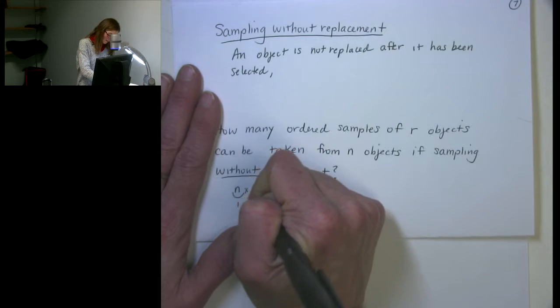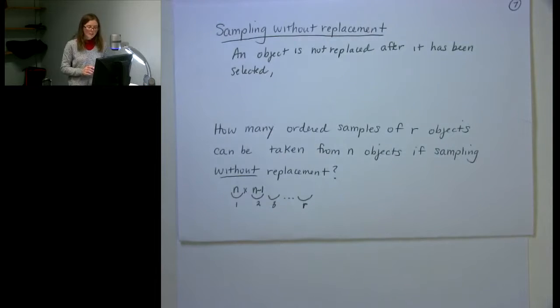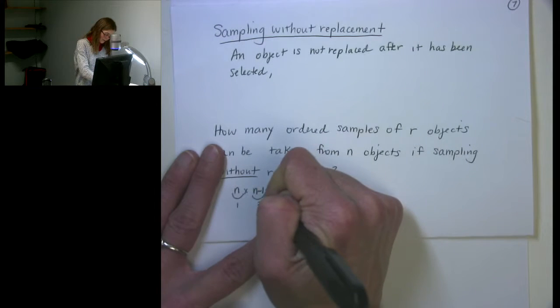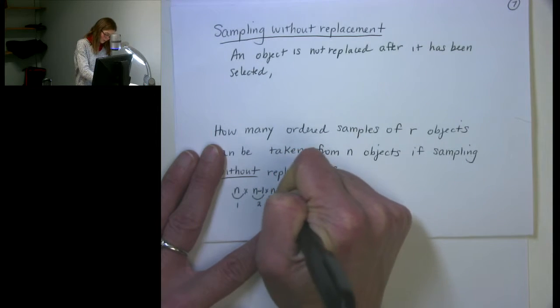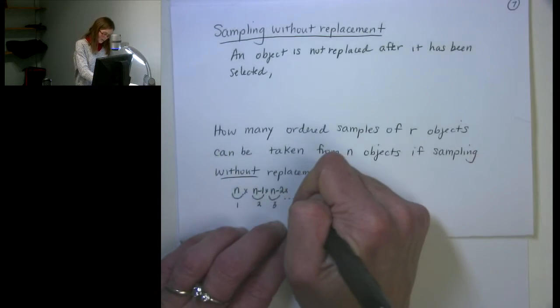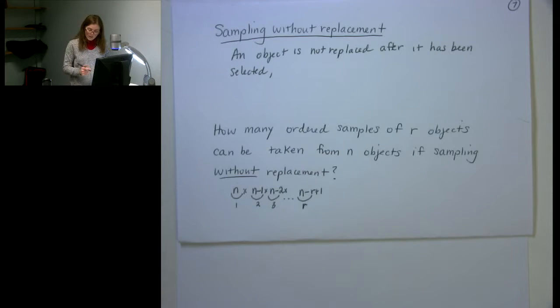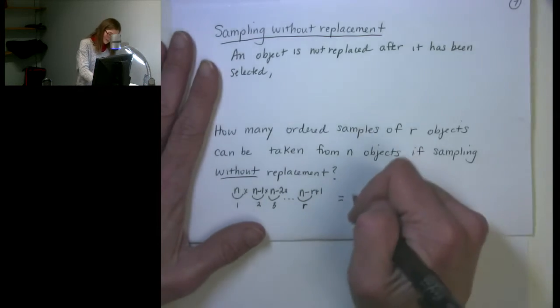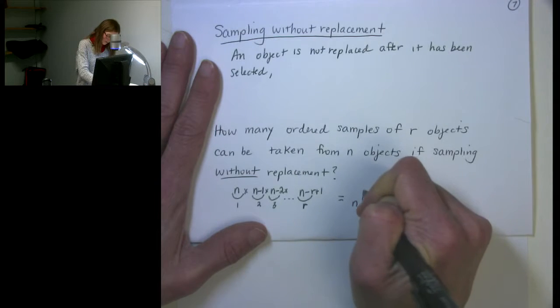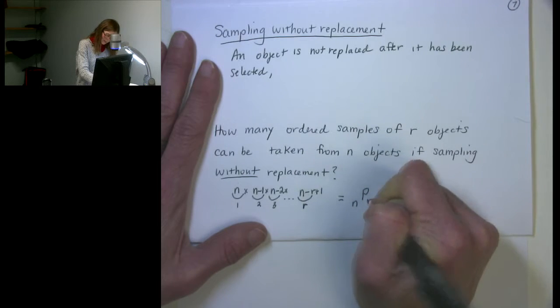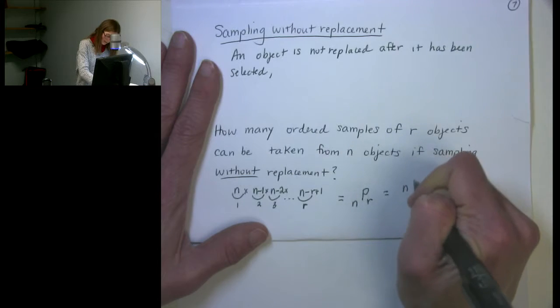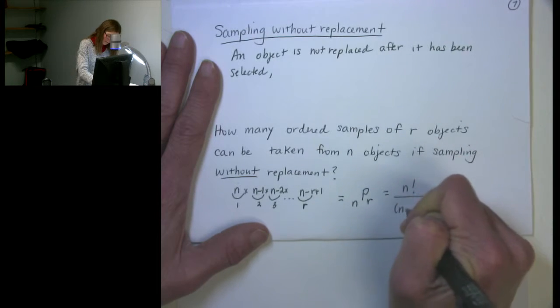I'll only have n minus 1 choices left for my second slot, and so on. N minus 2 choices possible for the third slot, and n minus r plus 1 possible for the rth slot. So in this case, the number of ordered samples that could be made if I take samples without replacement is going to be that familiar formula for the permutation. Right? N factorial over n minus r factorial.